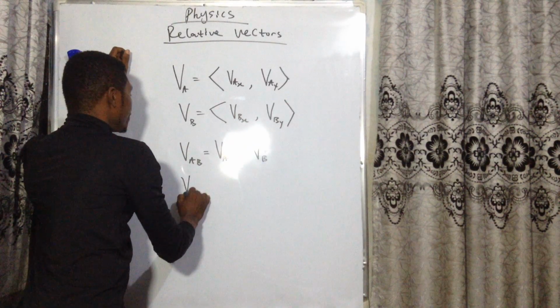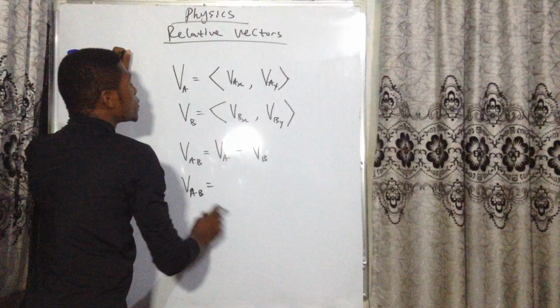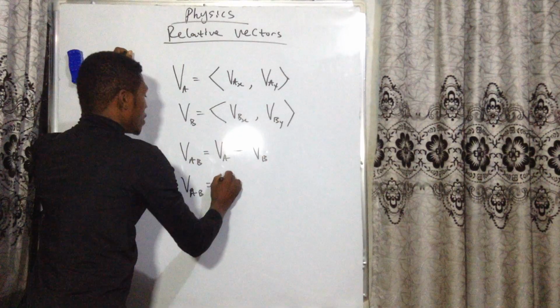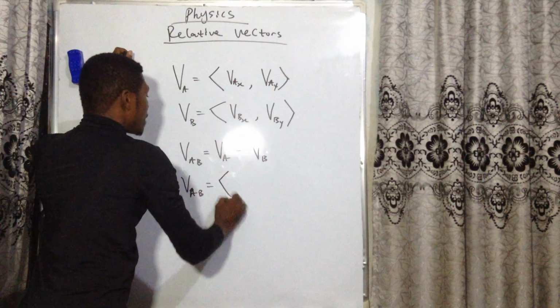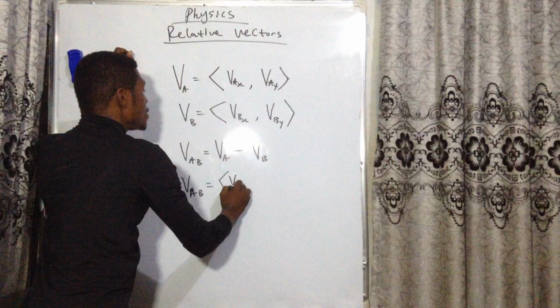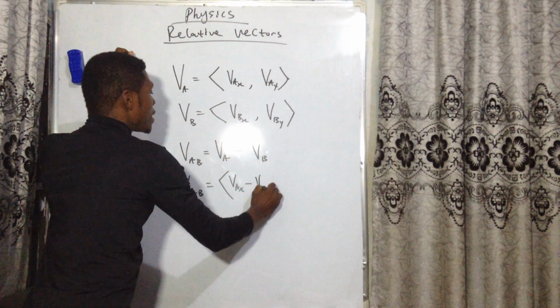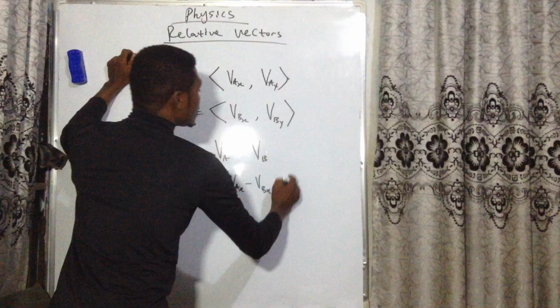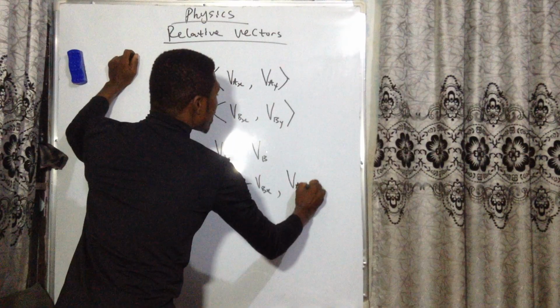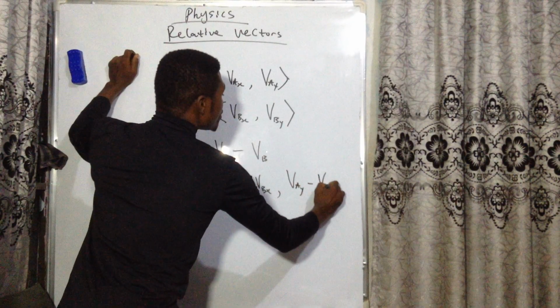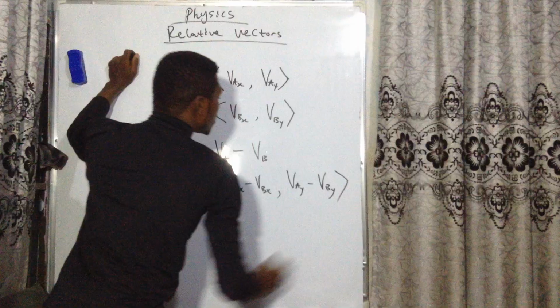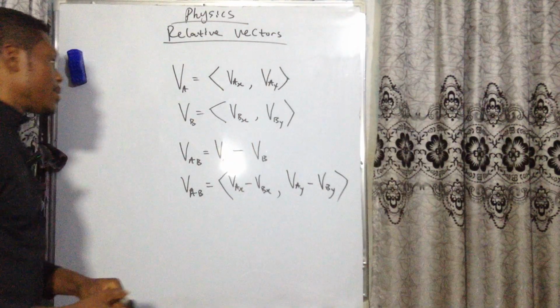So VAB is equal to VAX minus VBX, and VAY minus VBY. So this is the relative vector.